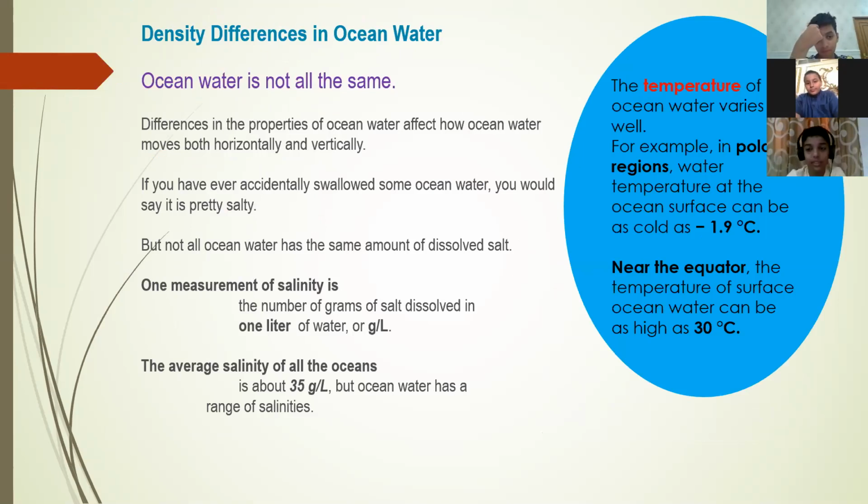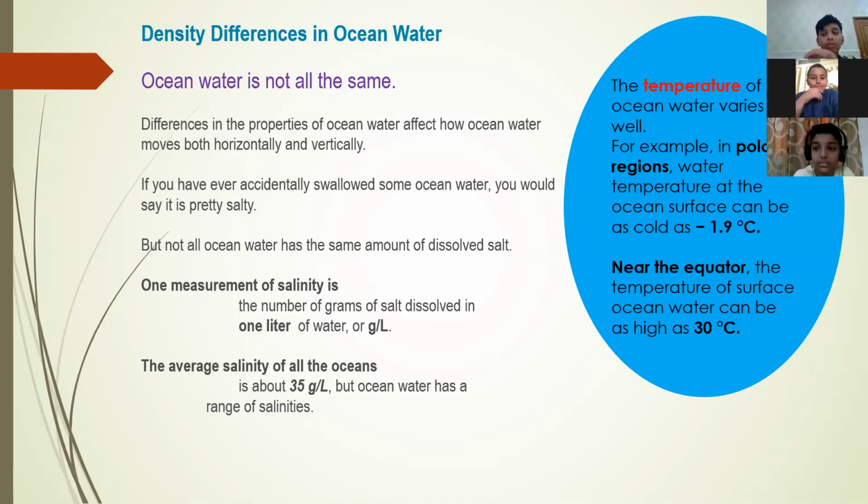The temperature of ocean water varies as well. When you move from one part of the ocean to another, they have different temperatures. Like Turkey told us at the beginning of the class, we have cold currents more in the polar regions, like the Arctic region and Antarctica. Near the equator, we have the warm water and the warm ocean current, and the temperature is about 30 degrees centigrade.